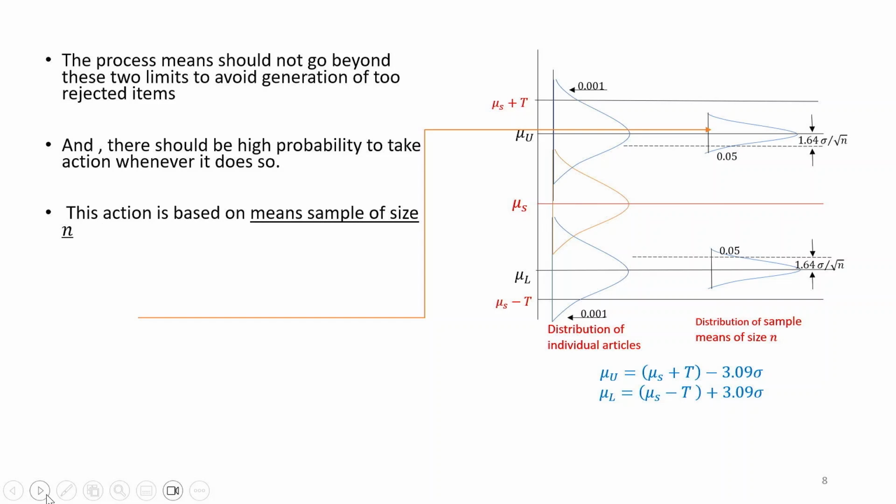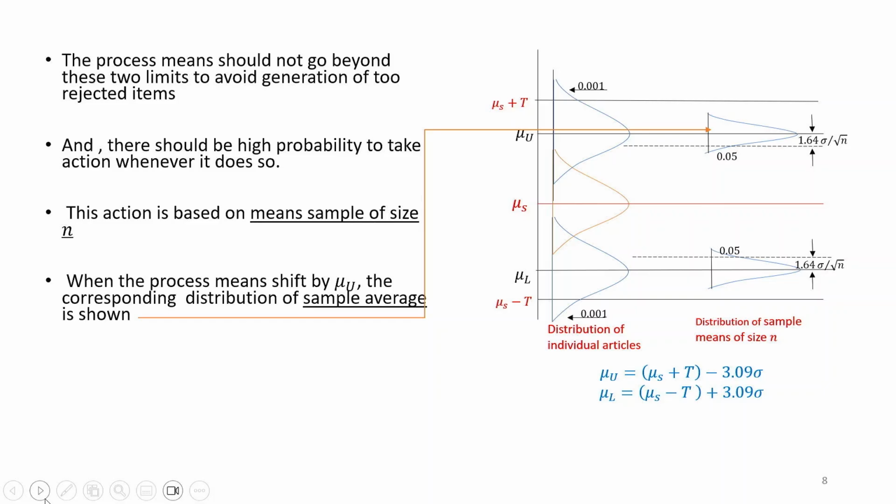The action is generally based on a sample of size small n. How do I know? Every time, just to know whether the mean has shifted or not, we take a small sample of size small n and find out the mean value. So our decision criteria is based on the mean of the samples of size small n.